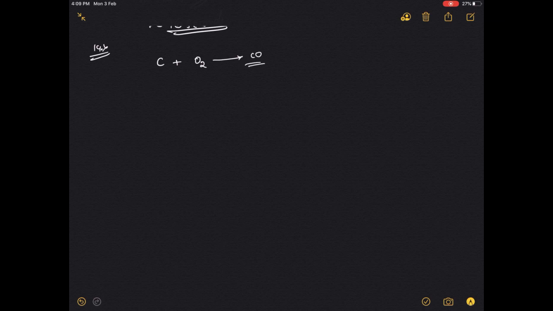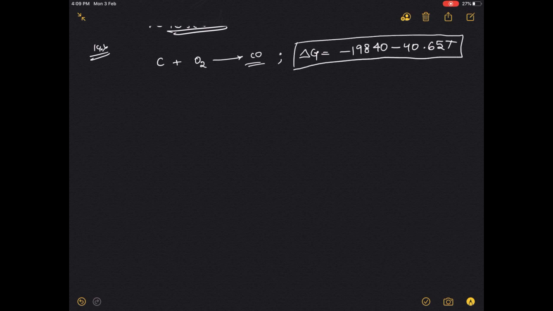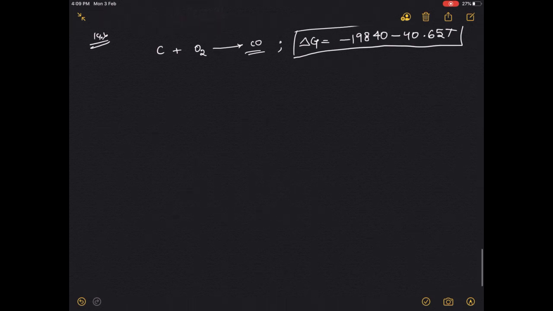I think CO or CO2 they gave, and the delta G for this reaction is minus 19840 minus 40.65 T. Again, I am not bothered about units in this question because all the units are the same. They gave the temperature as 1800. This is steel, so usually you can say decarburization of steel.